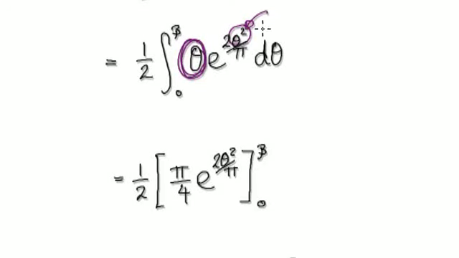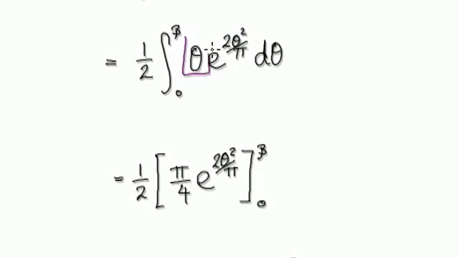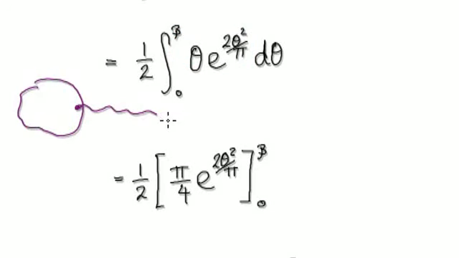When you differentiate theta squared, it gives you a constant and theta to the power of 1. So this theta here is near enough the exact derivative of this. So when you're trying to integrate this, you are looking for something such that when you differentiate it, it will give you this whole thing here.